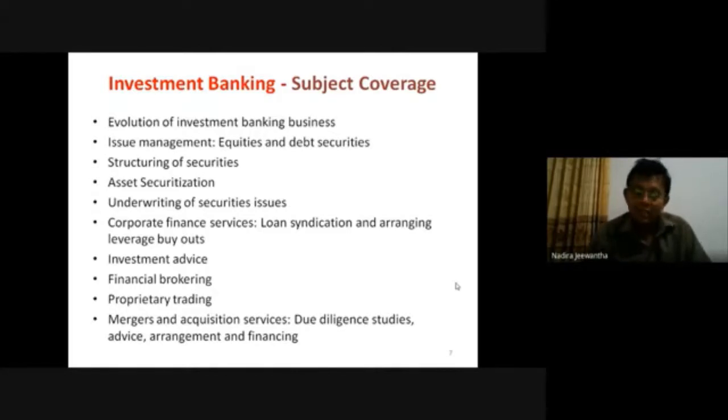But these days we are not seeing that. Instead we are seeing guarantees. So the coupon is guaranteed by a rated agency, a rated bank.